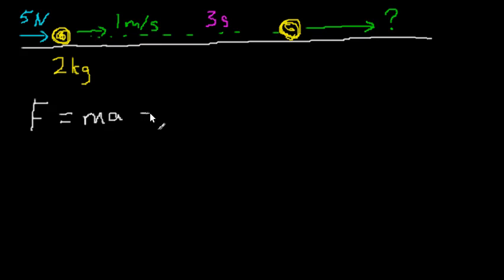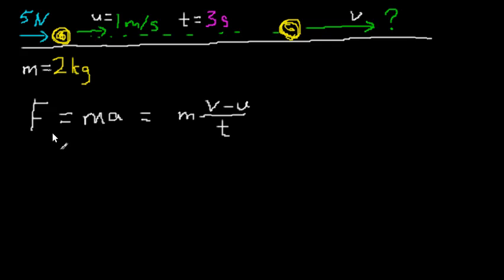So we can write the acceleration in the form of change in velocity, v minus u, over the time taken, in which v would be the final velocity that we want to find, u would be the initial velocity of 1 meter per second, t would be the time, and m would be the mass of 2 kilograms.